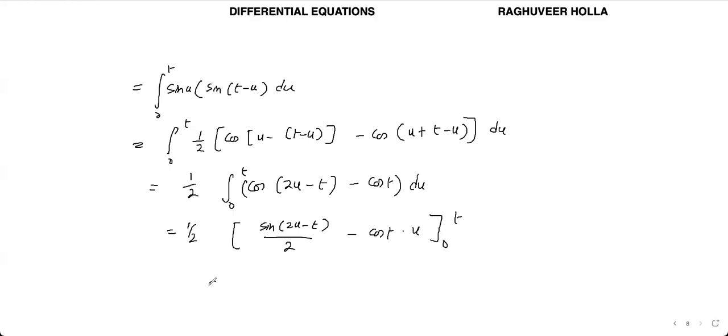So when you simplify it, you get half of sine t minus t cos t.